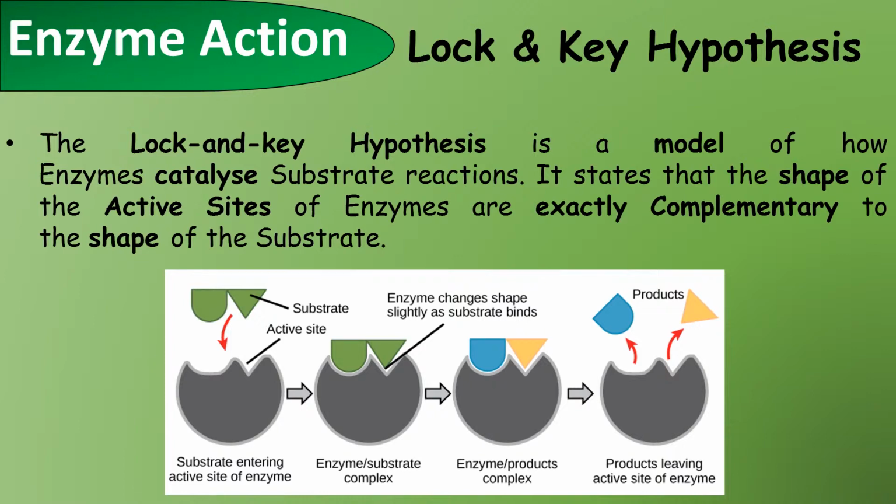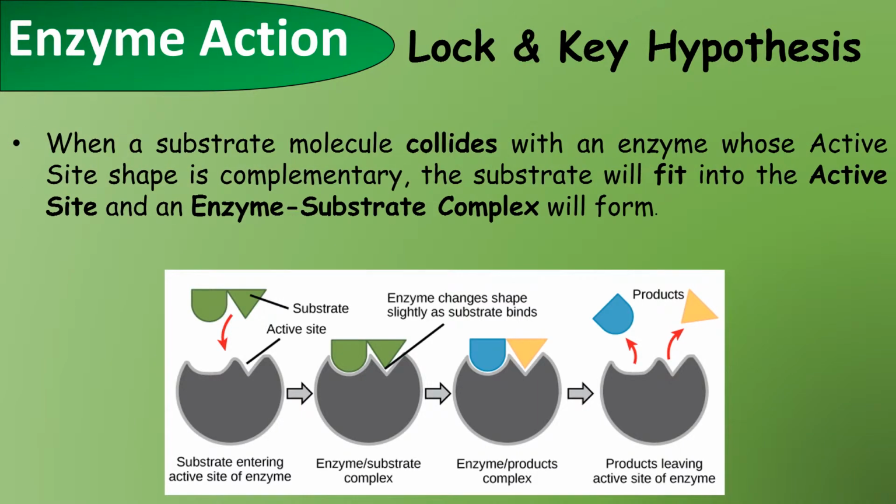Below is a diagram showing the lock and key mechanism. You need to make sure that you are familiar with this diagram and can explain all of the processes that are shown by it. When a substrate molecule collides with an enzyme whose active site is complementary, the substrate will fit into the active site and an enzyme-substrate complex will form.